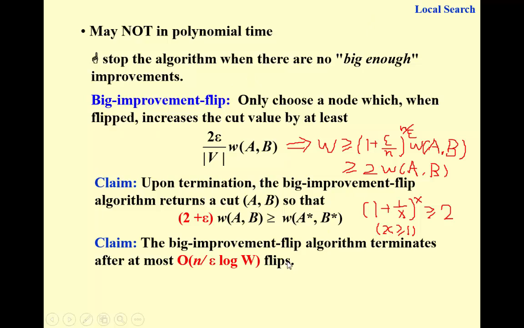That is, we cannot keep doubling the weight forever. So we must stop after k steps. And what is that k? Log W, right? That is the maximum number of times that we can double to get to this W. And that's how we obtain the conclusion.